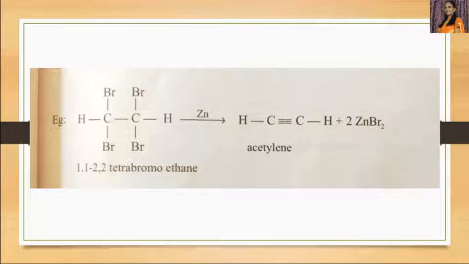This is the acetylene obtained, and the other product is 2 moles of zinc bromide, 2 ZnBr2. So this is dehalogenation of tetrahalides to form alkynes. The specific example we have considered is 1,1,2,2-tetrabromoethane. When it is treated with alcoholic zinc dust, we get acetylene as the final product.